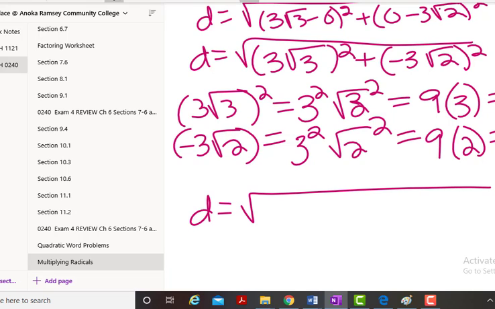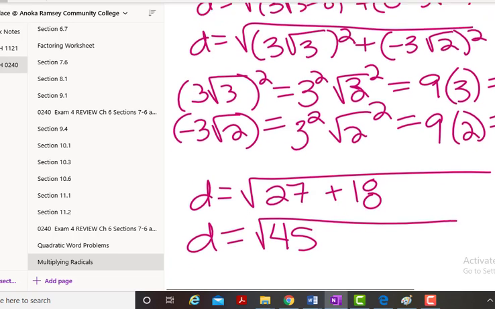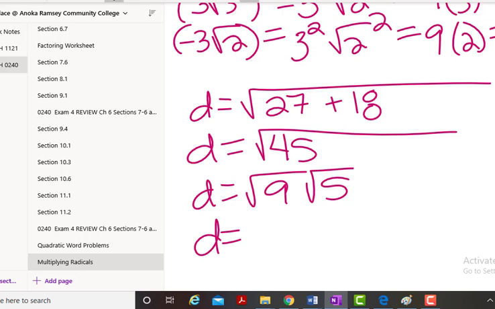So we'll have the distance is equal to the square root of 27 plus 18, which is 45, which we can take a perfect square factor of 9 out, which leaves the square root of 5. Distance, the exact answer is 3 square roots of 5.